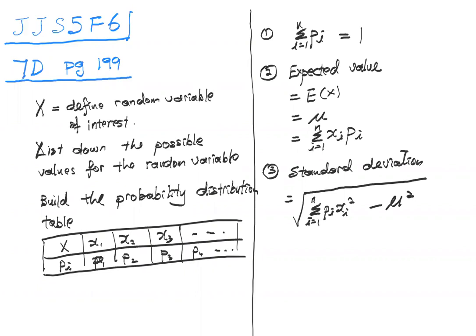So the symbol for this one is here. If you want to talk about variance, there is no symbol. You just take the standard deviation and square it. That's it. So I want you to tell me what is the meaning of standard deviation.